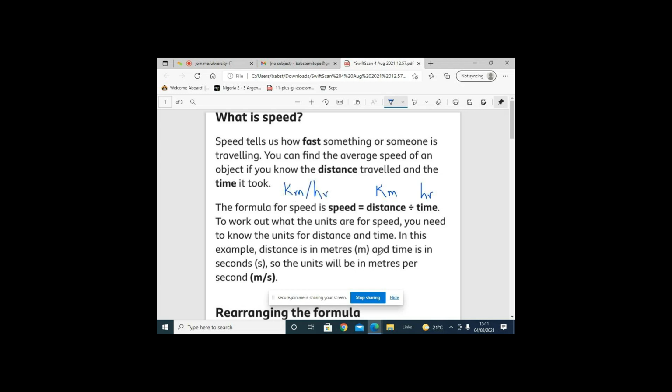If the distance is in miles and time is in hours, the unit is miles per hour. So those are three units of speed. The P means per, as in miles per hour.